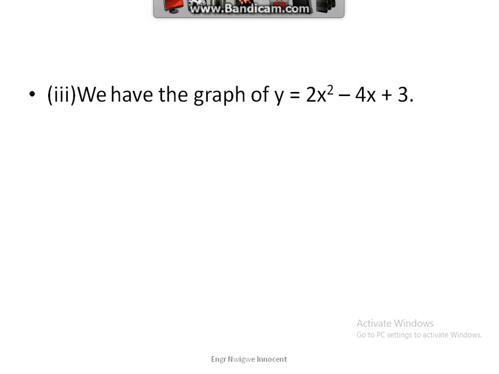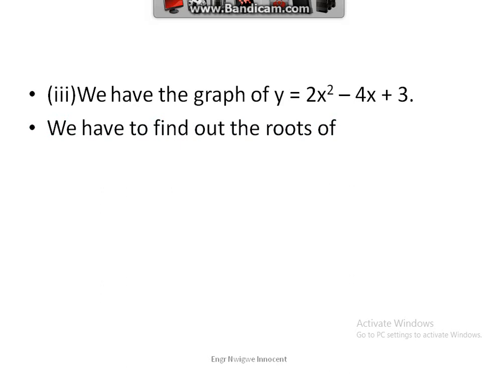Therefore, the root where the graph touches the y-axis is 6. Therefore, we now add 6 to both sides of the equation. If we now add our 6 to both sides of the equation, we now have 2x squared minus 4x minus 3 plus 6 is equal to 0 plus 6.